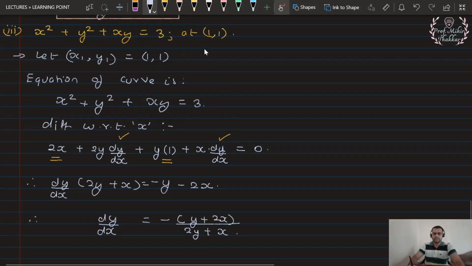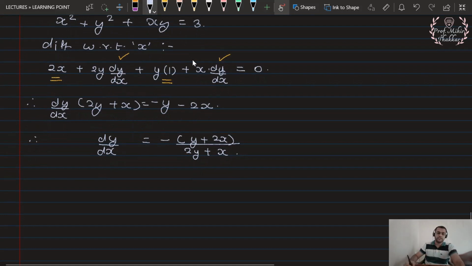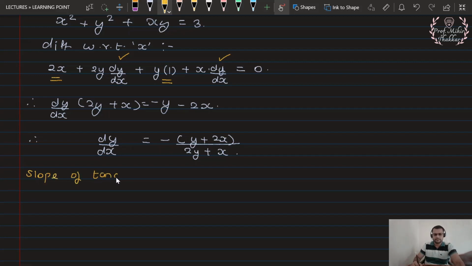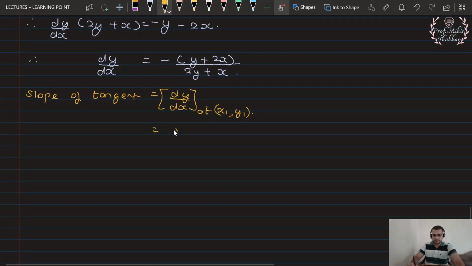Now the given point that he has told us is x1 y1. We substitute this value of x and y, find the slope of the tangent. Dy by dx at x1 comma y1, at 1 comma 1.